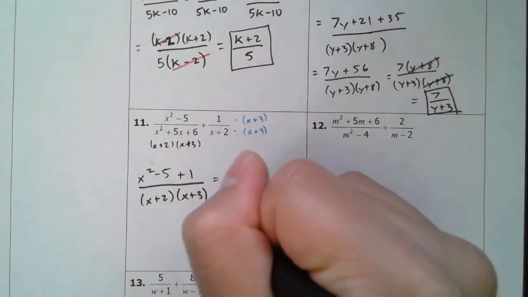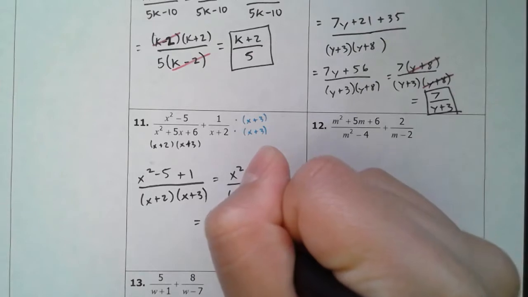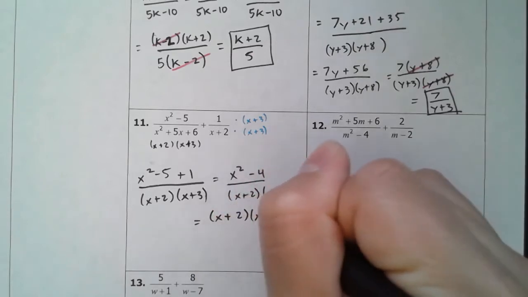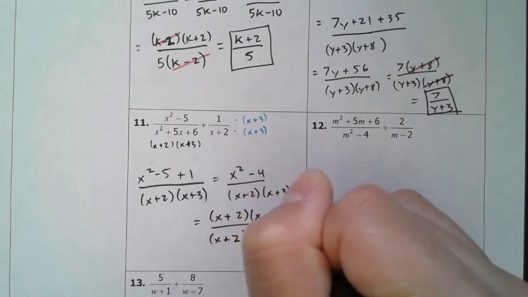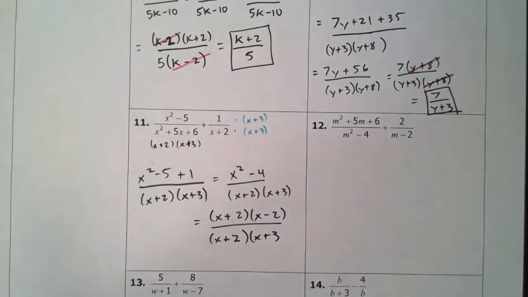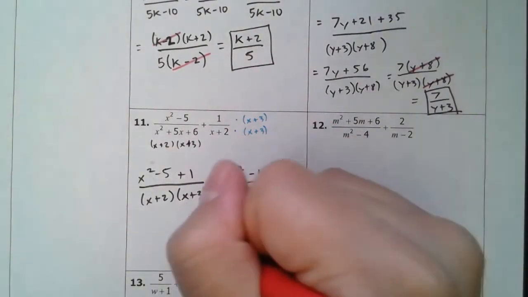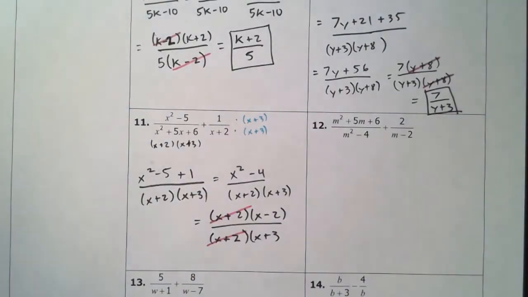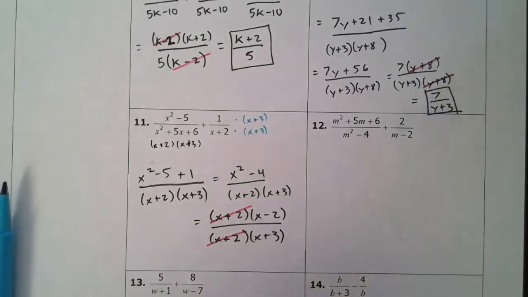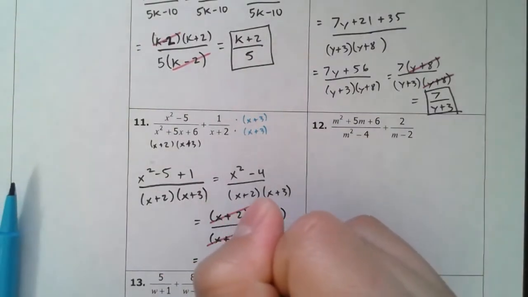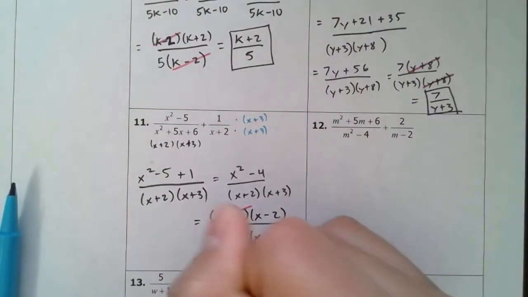So this is x plus 2, x minus 2 over x plus 2, x plus 3. These cancel, so I get left with x minus 2 over x plus 3.